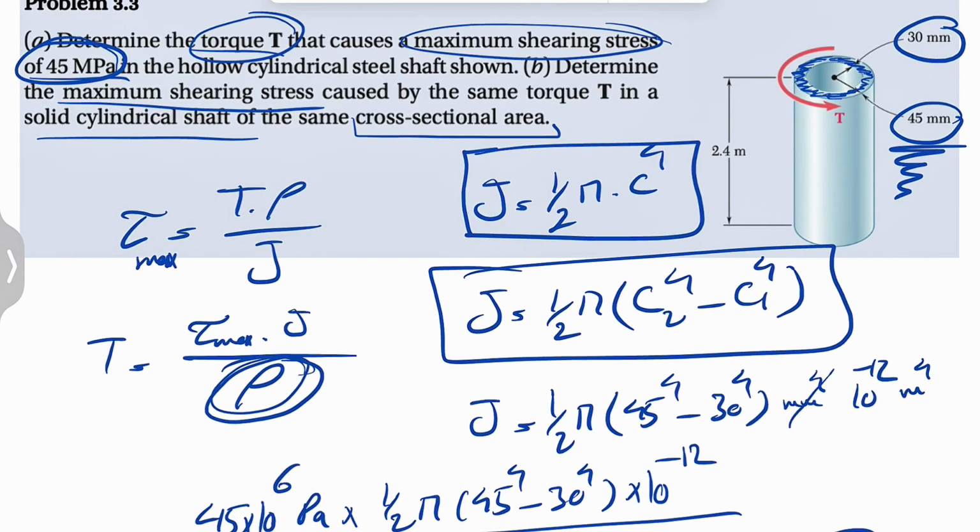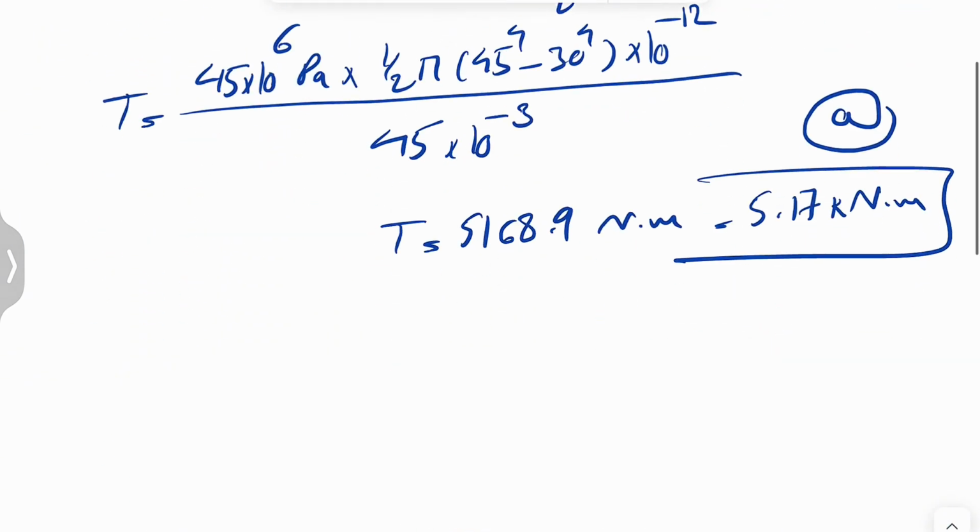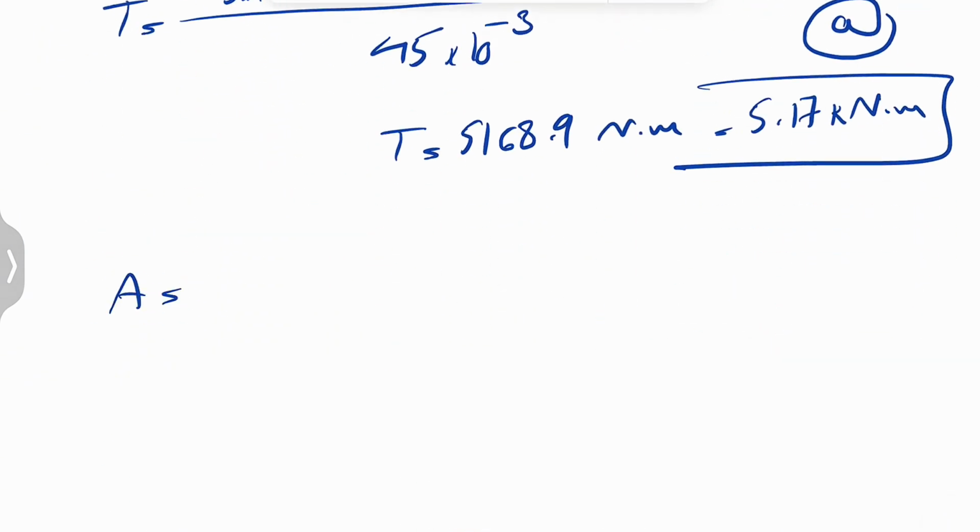And as I said, for the second part, we have to find a solid shaft that has the same cross-sectional area. So let's just figure out the cross-sectional area. That's going to be pi times the outer radius squared minus the inner radius squared.